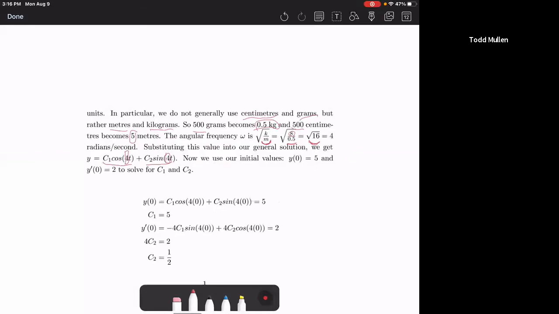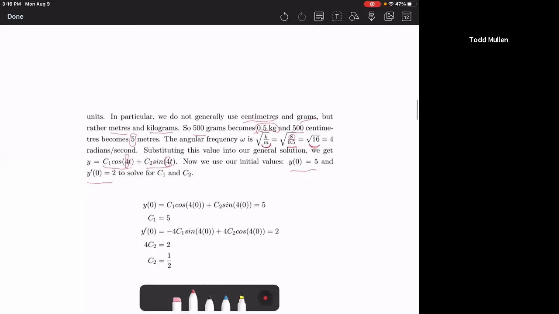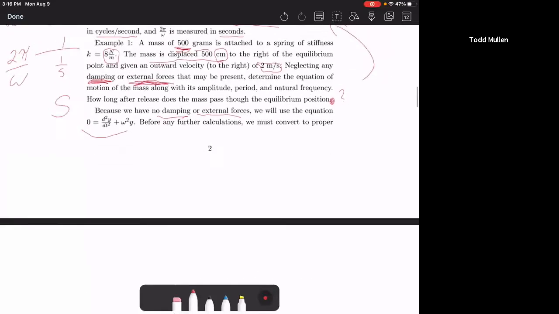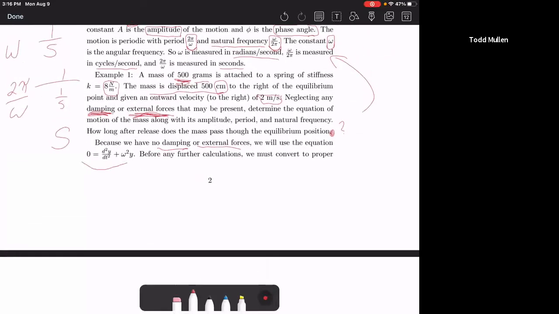Now we use our initial values. y of 0 is equal to 5 and y prime of 0 is equal to 2. Let's go back to the question to see where we got this information from. The mass is displaced 500 centimeters. You can think of that as your y value because it's how far we've actually moved the thing, and that's what y is measuring, the position.